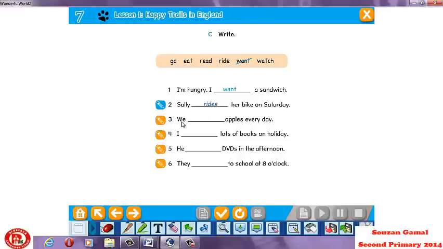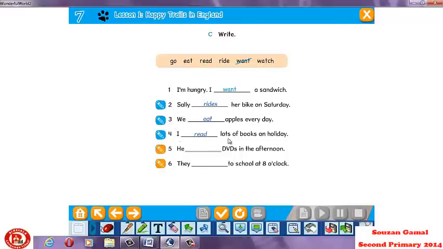Number 3. We what apples every day. We eat apples or we eats. We eat without adding any S. Okay, number 4. I lots of books on holiday. I what? I watch lots of books or I read lots of books.